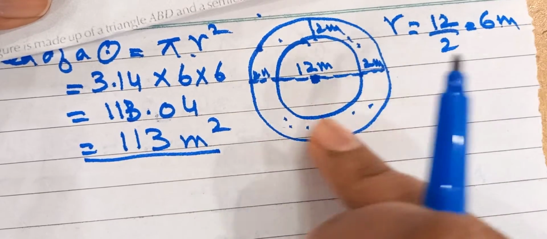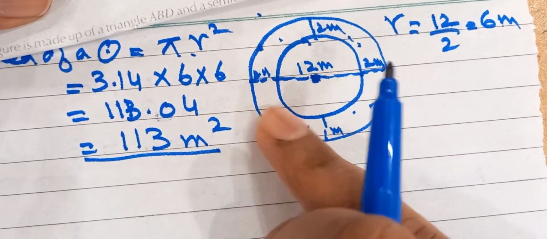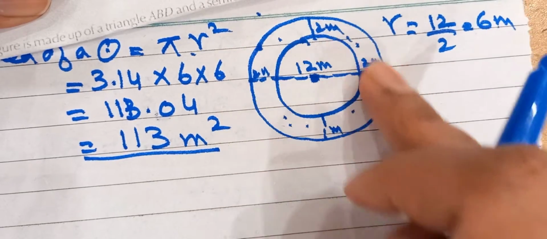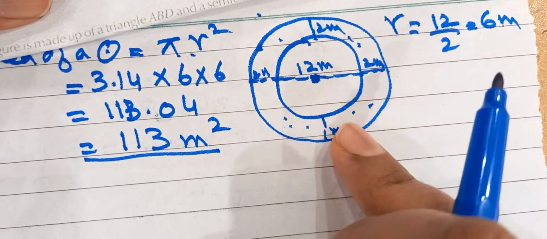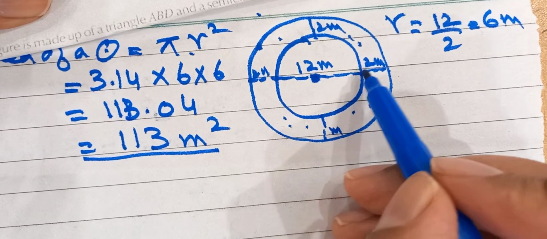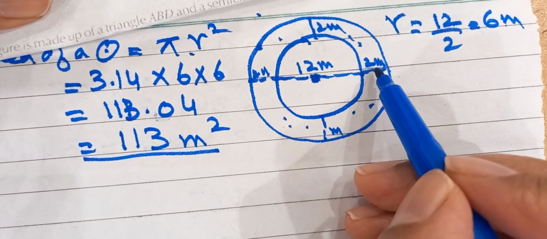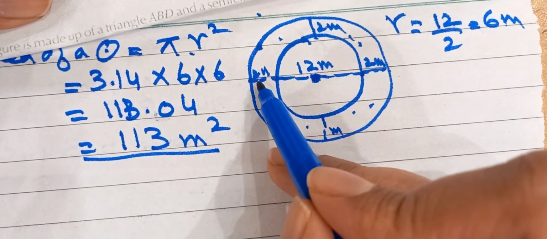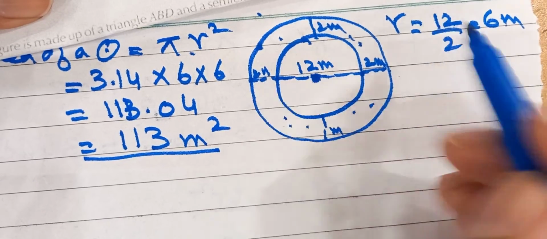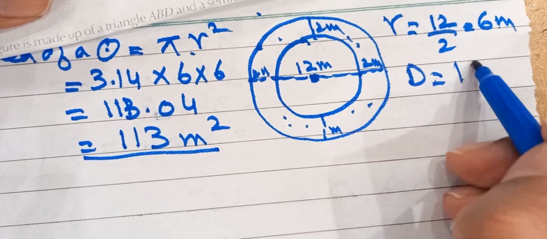Now the diameter of the new circle. The diameter of the new circle would be 12 meters, to which I shall add 2. 12 plus 2 is 14, and I shall add 2 from this side as well. So the diameter of the new circle would be 16.